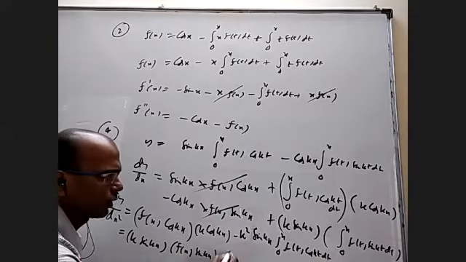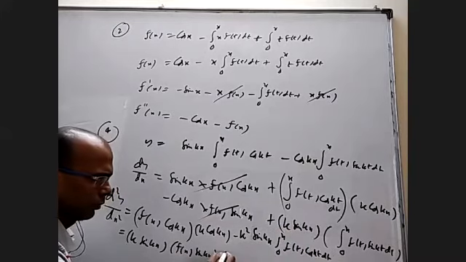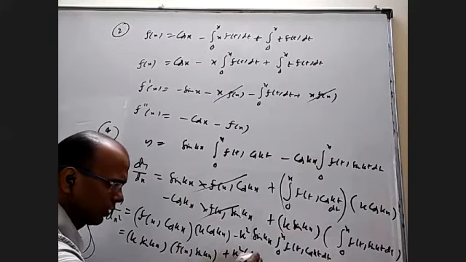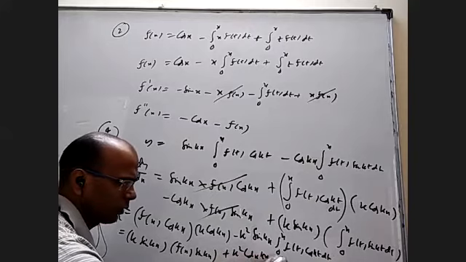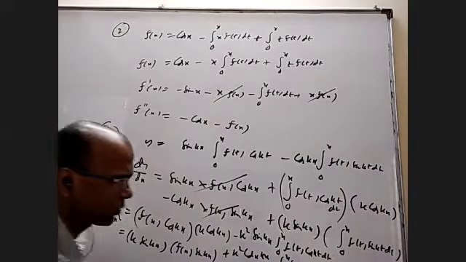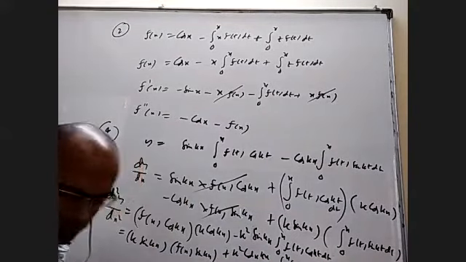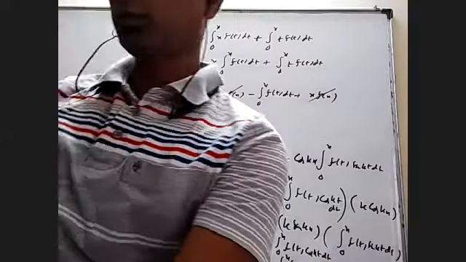This one, when I differentiate this, k square cos kx times the integral from 0 to x of f of t sin kt dt. I cannot see it, I'll adjust it.